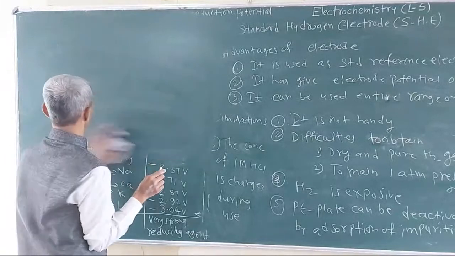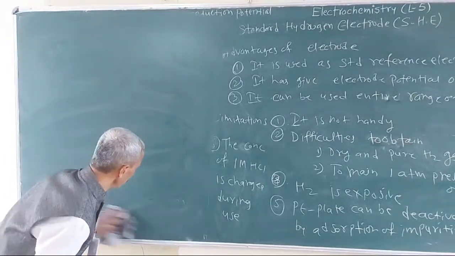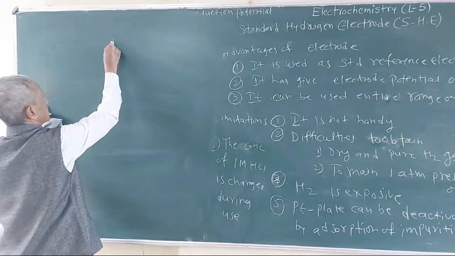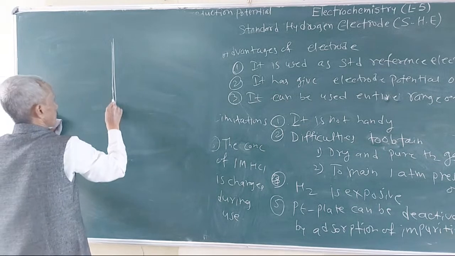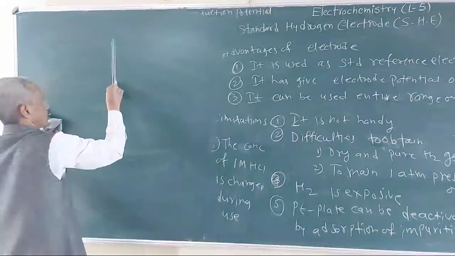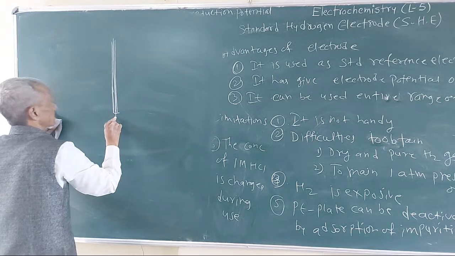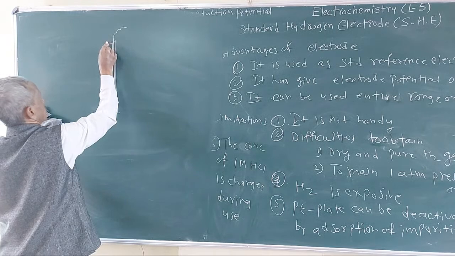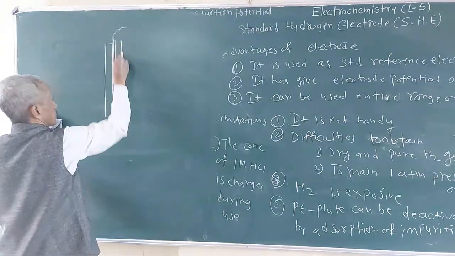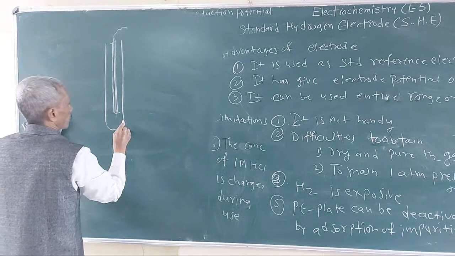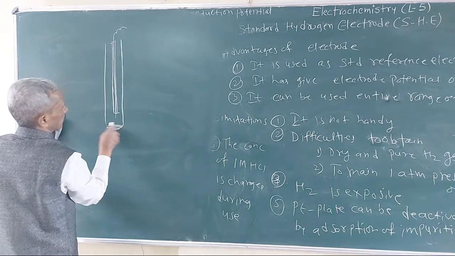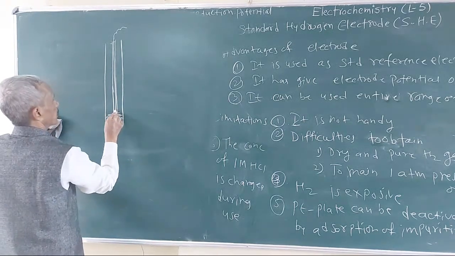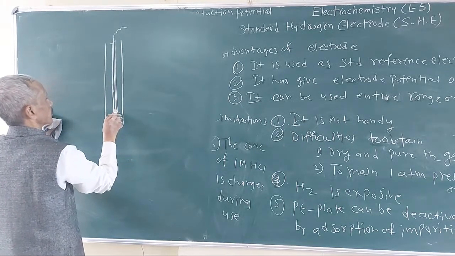Very simple in construction. Here there is a platinum wire sealed in a tube. This is an inner tube, and there is also an outer tube, and at the bottom there is mercury.